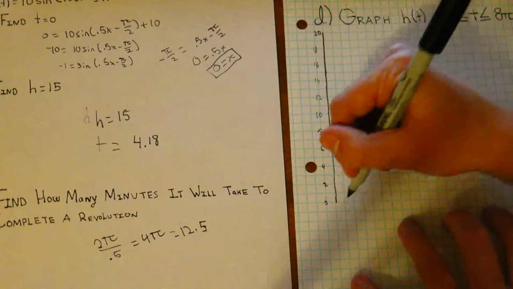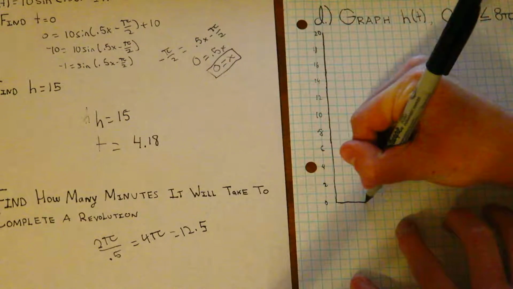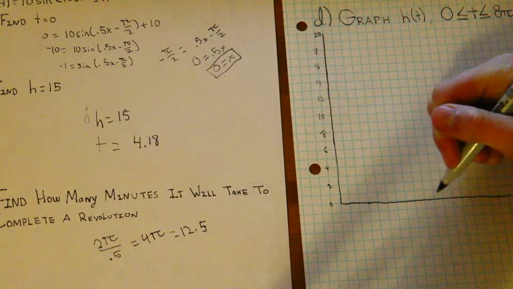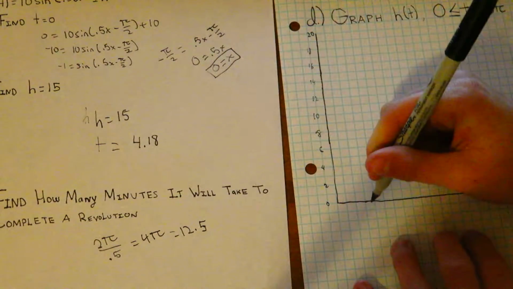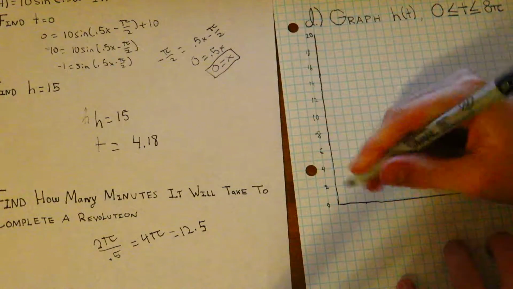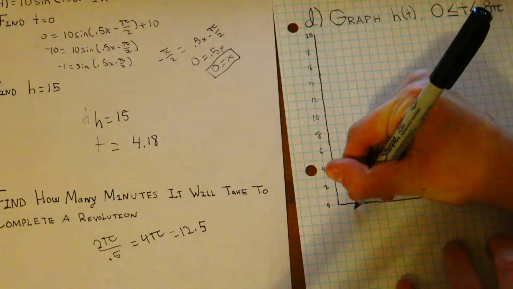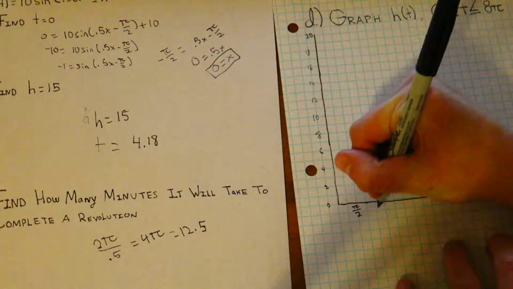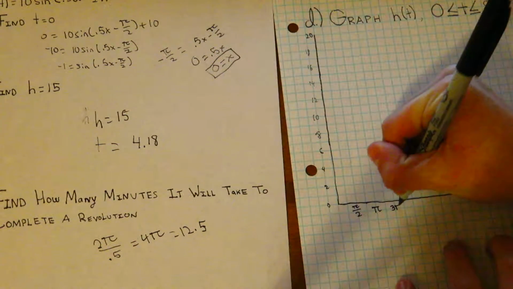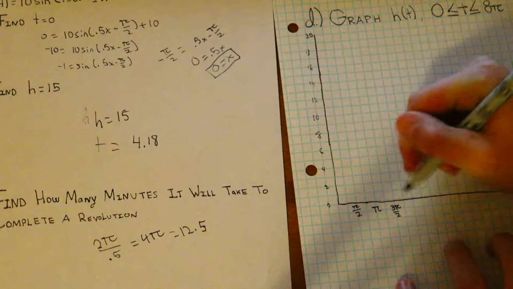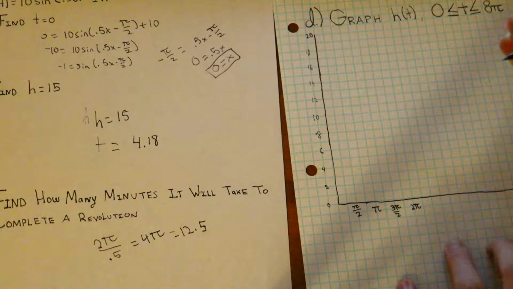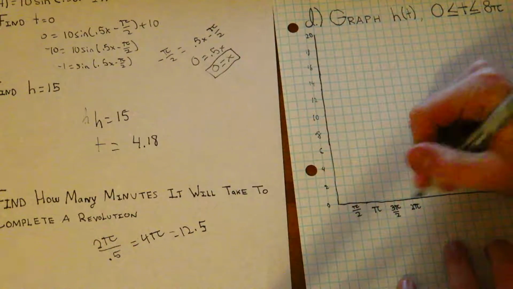And then for our x-axis, we're going to want to go by radians, because that's going to make it a lot easier. So pi over 2, pi, 3 pi over 2, 2 pi, and then do that all the way up to 8 pi.